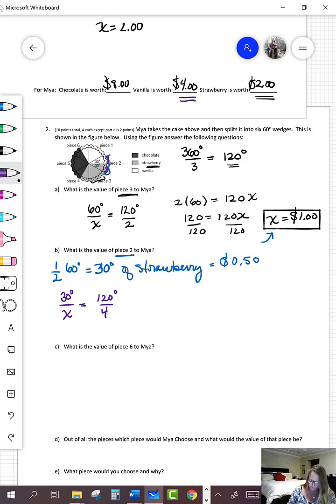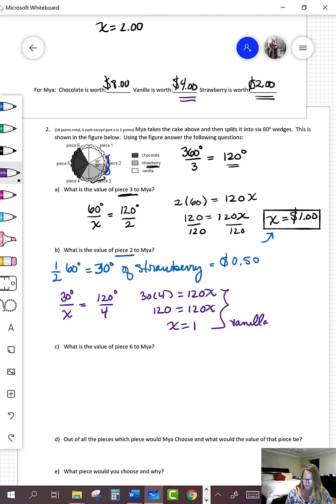So if we cross multiply here, we get that 30 times 4 is equal to 120 times X, or 120 is equal to 120X, or X is equal to $1. So for the vanilla, that 30 degrees portion of the cake is worth $1.